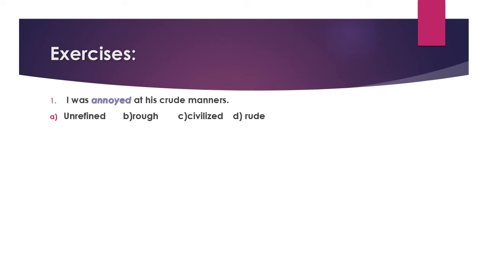So let us see some of the exercises that have been asked in the exams. You have to choose the appropriate antonym for the word underlined or italicized. The first question is, I was annoyed at his crude manners. Second question is, his radical views made him popular.